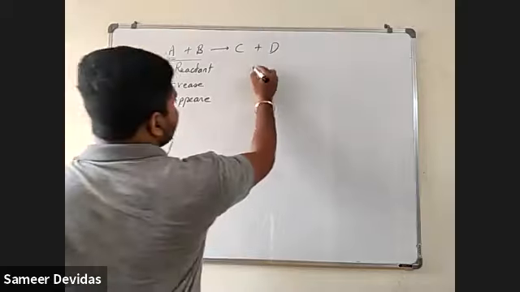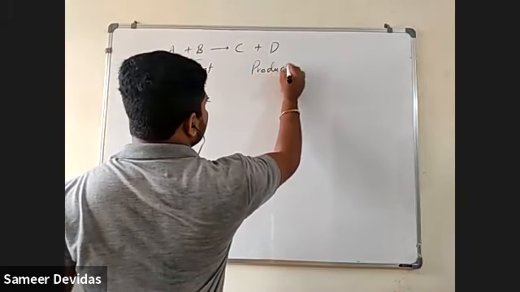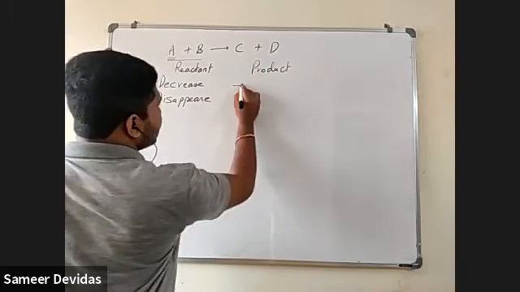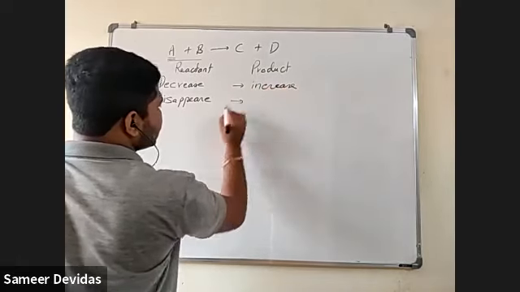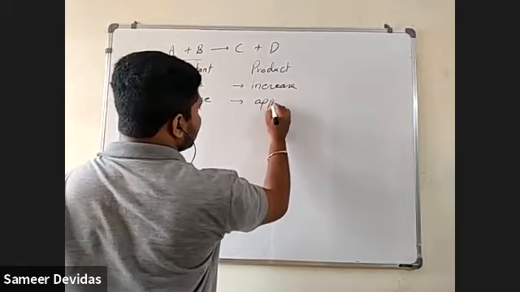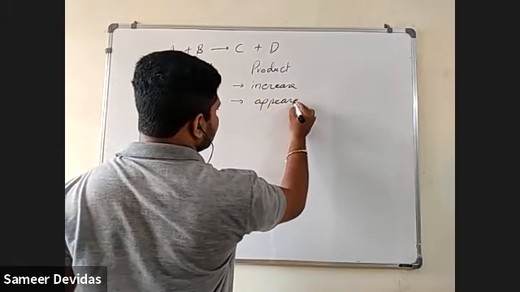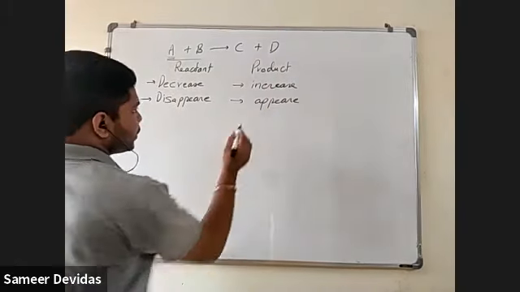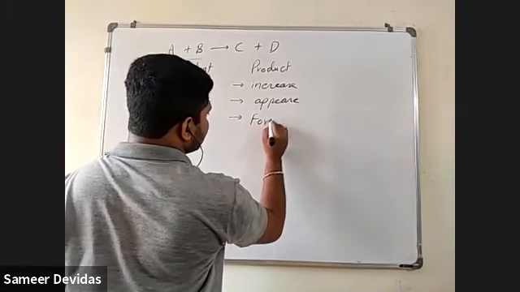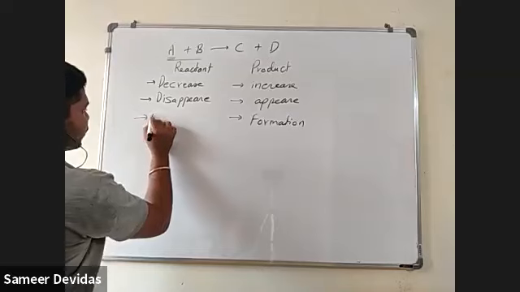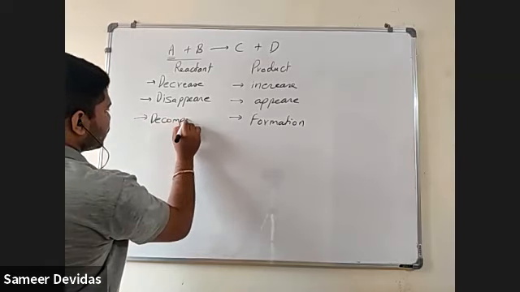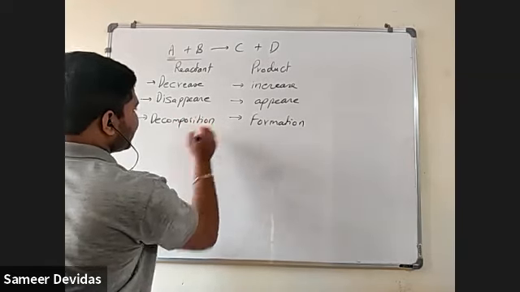Same way for a product, which two words do you need to remember? Increase, or appear, or appearance, or else formation. Here one more word you can say is decomposition, meaning becoming less.